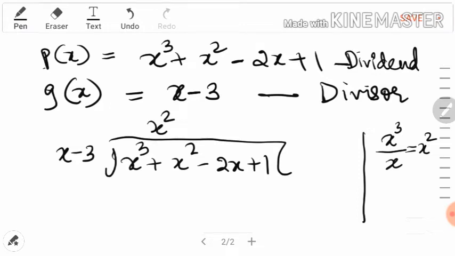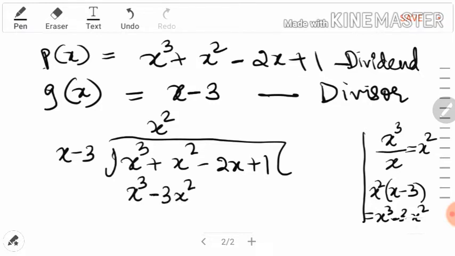Now we multiply x square with every term of the divisor. So x square multiplied by x minus 3 will give us x cube minus 3x square. We will write these terms under the like terms. So x cube comes here, minus 3x square under the x square term.